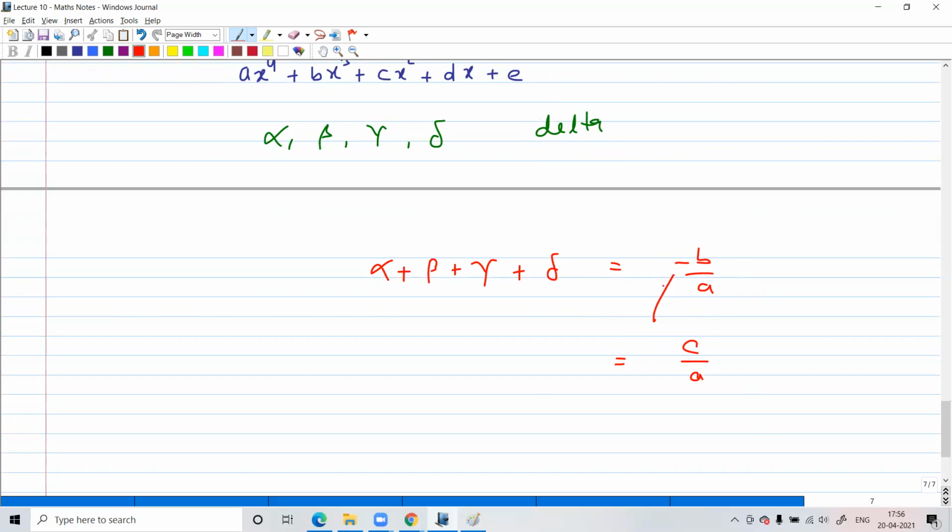And this time, see, the first one was negative, the second one should be positive. And this time it will be the sum of the zeros taken two at a time. So two of them you have to take at a time.